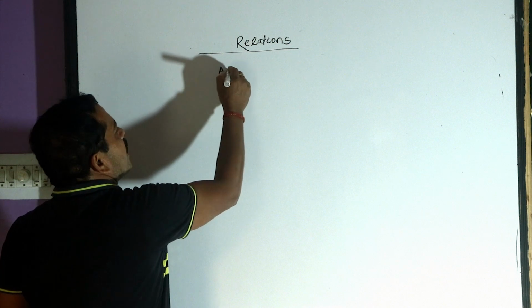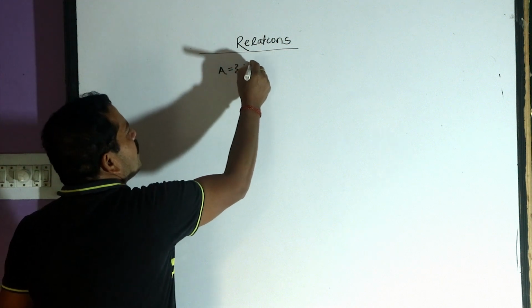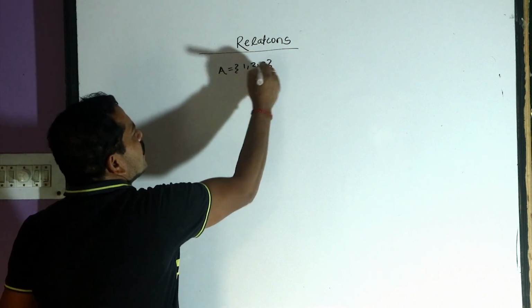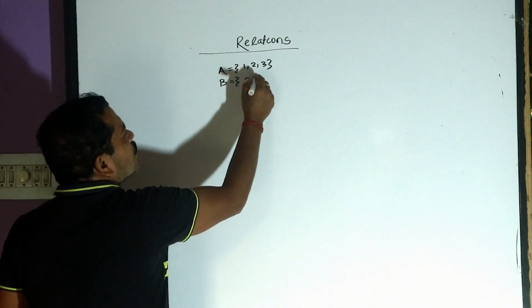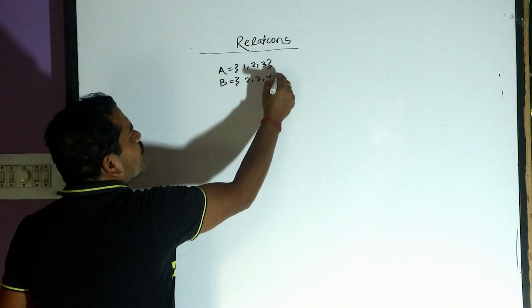Suppose set A contains the elements 1, 2, 3, and set B contains the elements 2, 3, 4, 5.